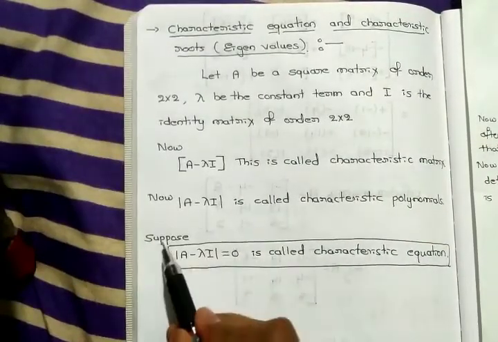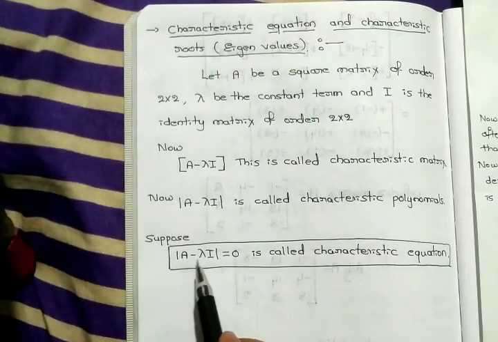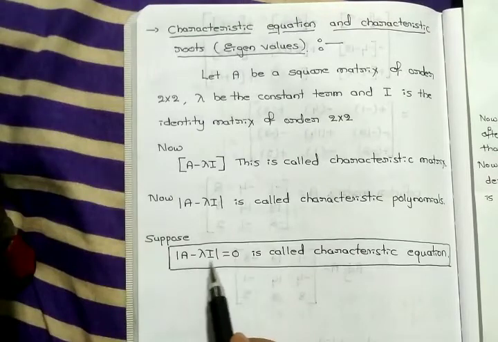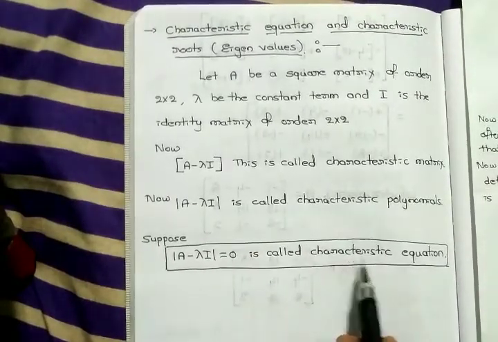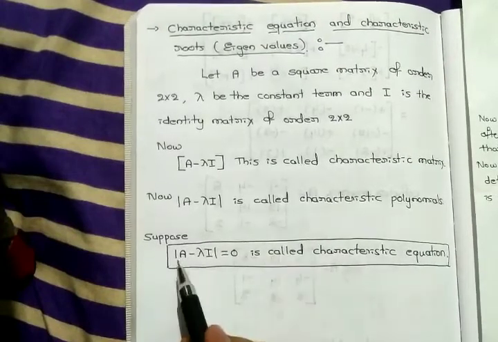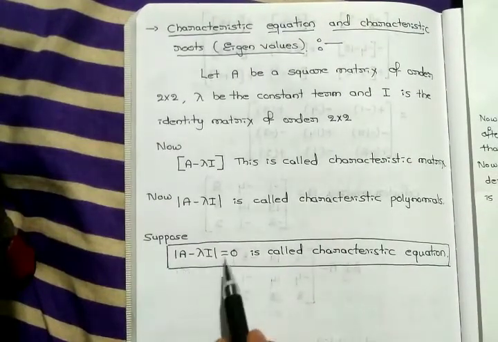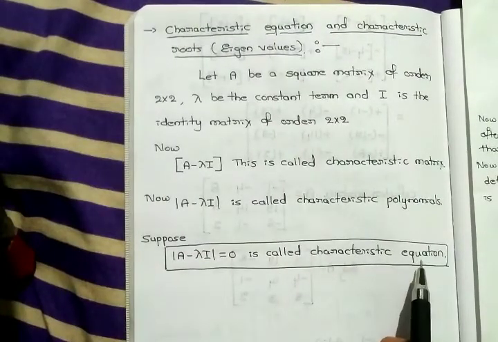Suppose we take the determinant of A minus lambda I equals to 0. This is called the characteristic equation.